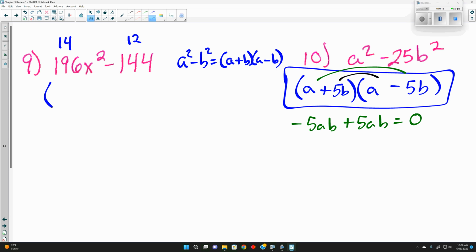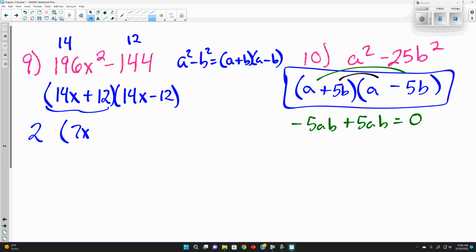So the first term is 14x plus 12 times 14x minus 12. Is there a common factor between 14 and 12? 2, yes? So out of the first one, I can pull that 2 out, which would leave me with 7x plus 6.